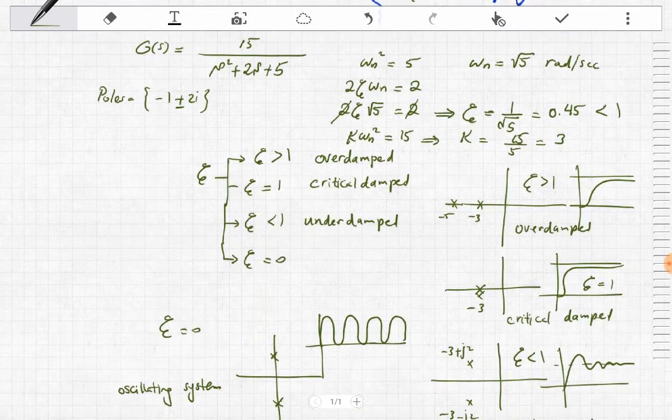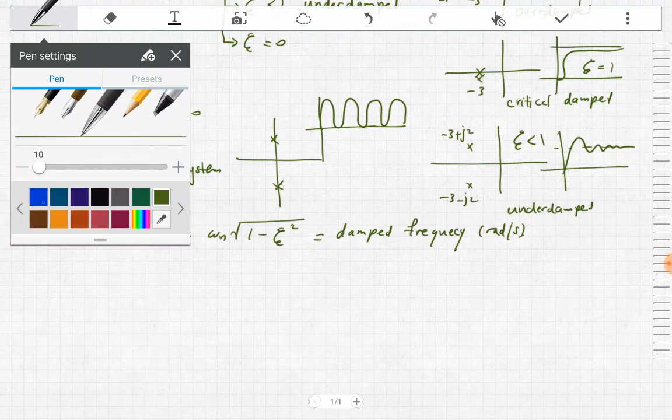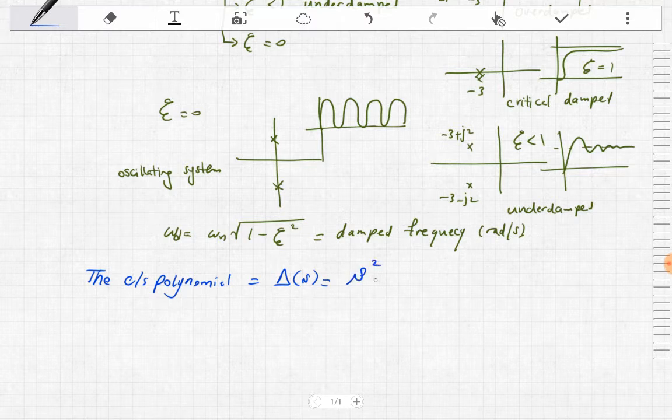So let's write now the characteristic polynomial of the system, call it delta s, and try to find the poles. It is equal to s square plus 2 eta omega n s plus omega n square.